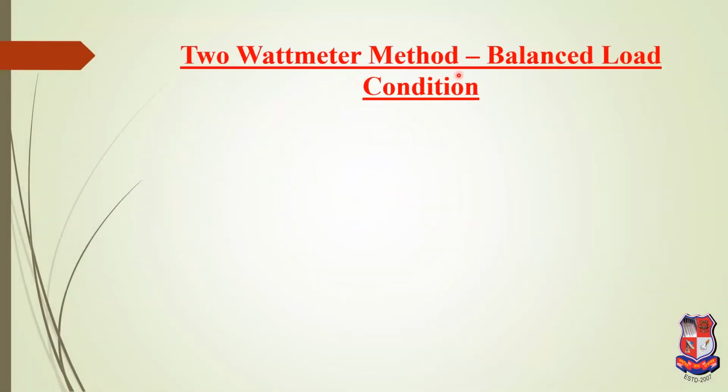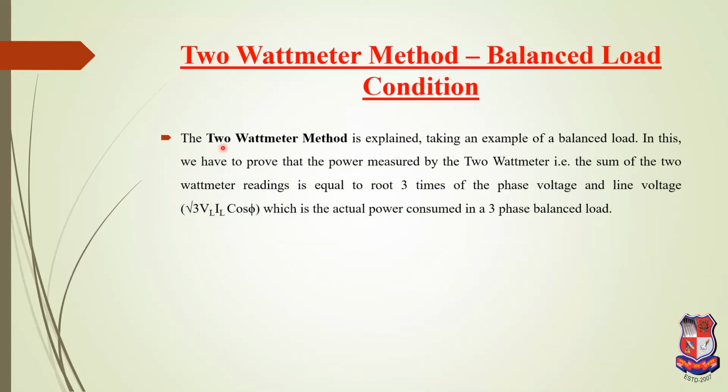Two wattmeter method, balanced load condition. Balanced load means the current and voltage are the same in magnitude and 120 degrees apart from each other. The two wattmeter method is explained taking an example of balanced load.